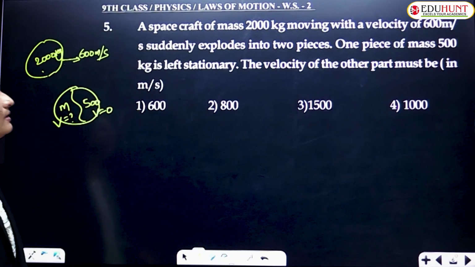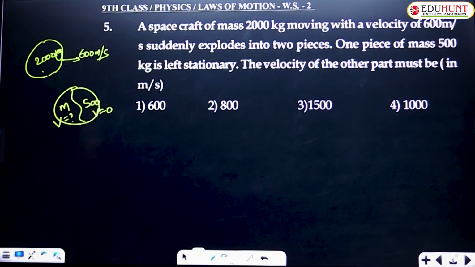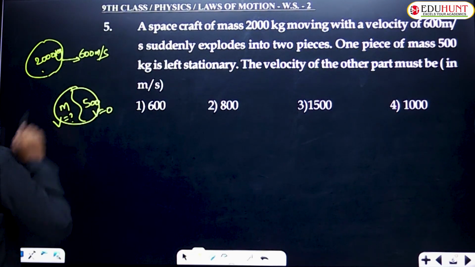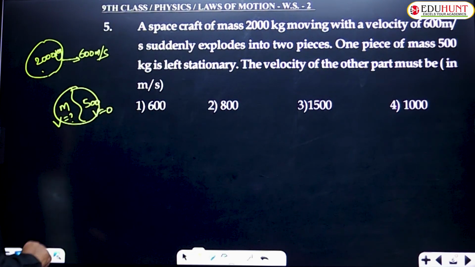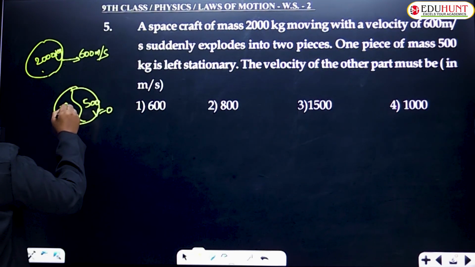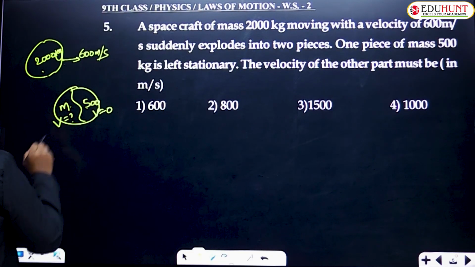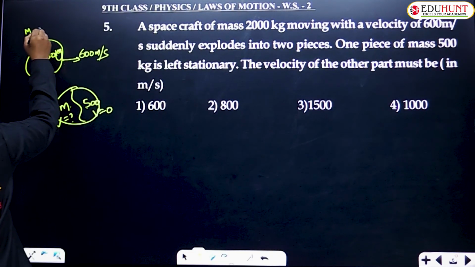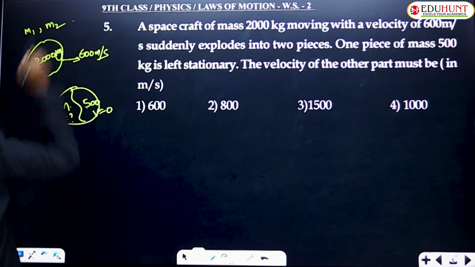Of course, children, this is an explosion, so before explosion and after explosion you need to apply conservation of momentum. Before explosion, consider the two pieces' masses as m1 and m2, the masses of the two different parts.